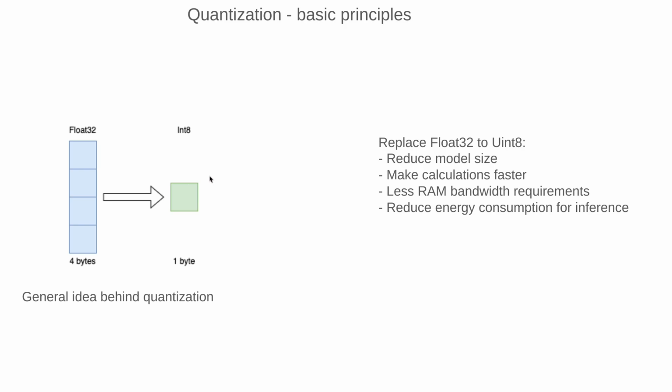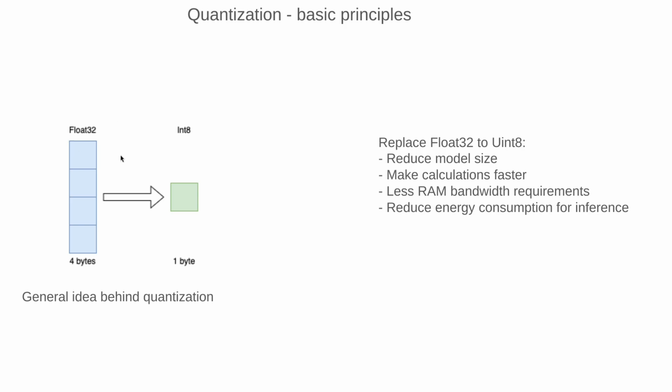Why does it matter? It matters because most of the CPUs that we can see in embedded systems, from microcontrollers to the Raspberry Pi, have more optimized execution blocks for int8.